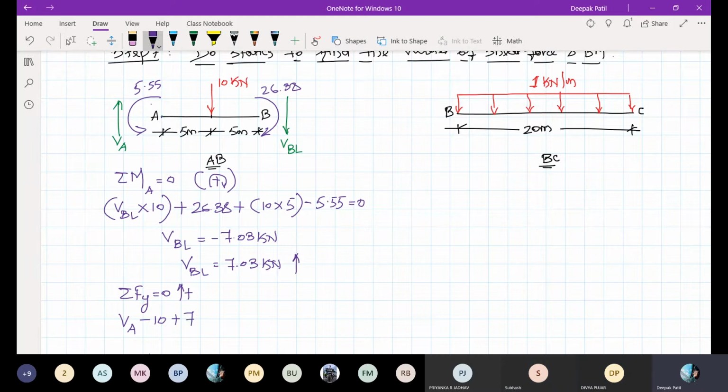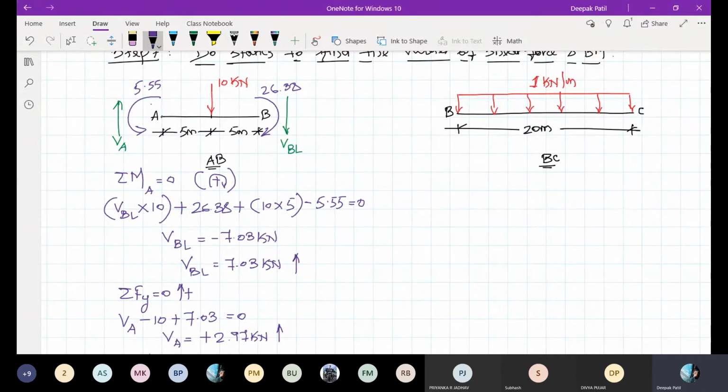So plus 7.03 equal to 0, and the only unknown is VA, which is coming out to be plus 2.97 kilonewtons. The plus sign indicates that your assumption of VA upwards is correct. Is that okay, friends? Clear? So I have done for span AB.